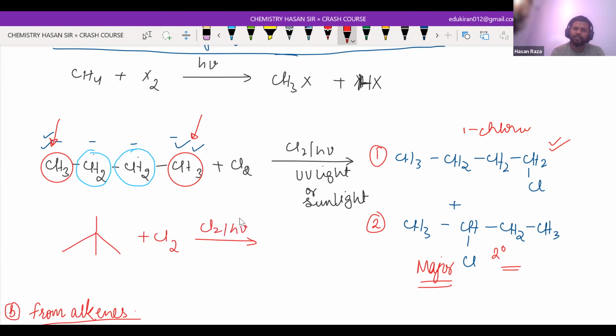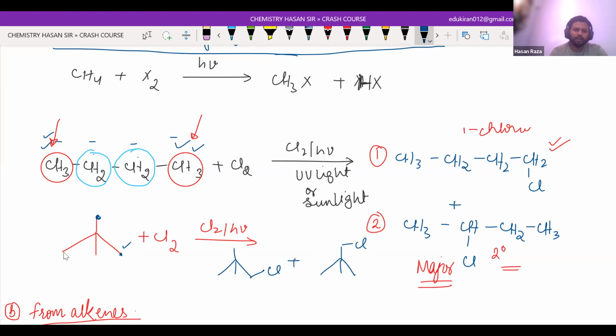Cl2 in the presence of light. Only one product, because if you replace one hydrogen from here, you will get this product. If you replace this, you will get this.